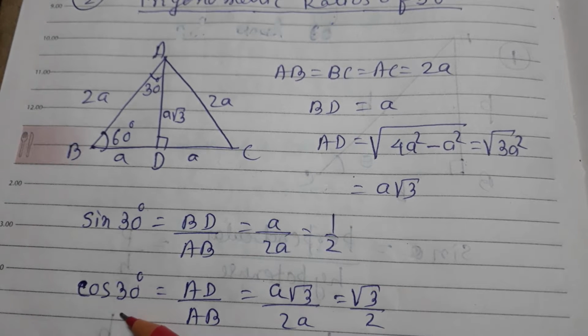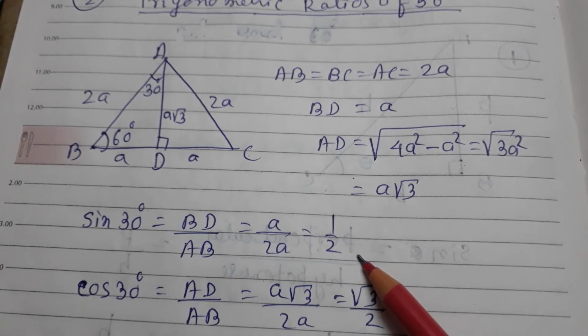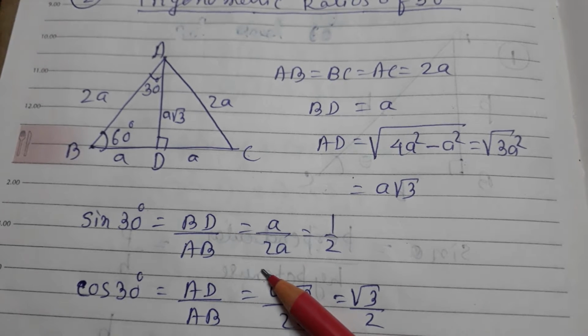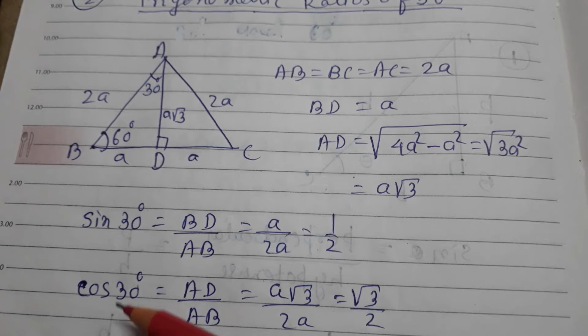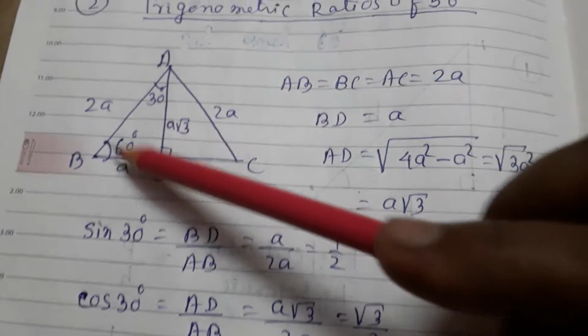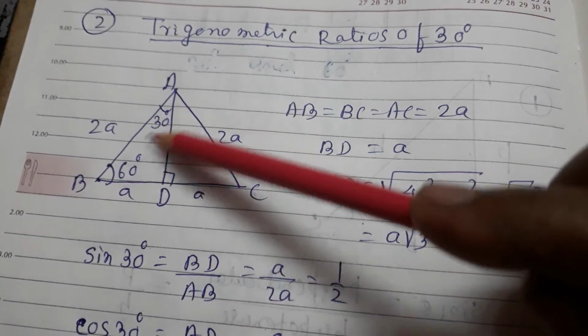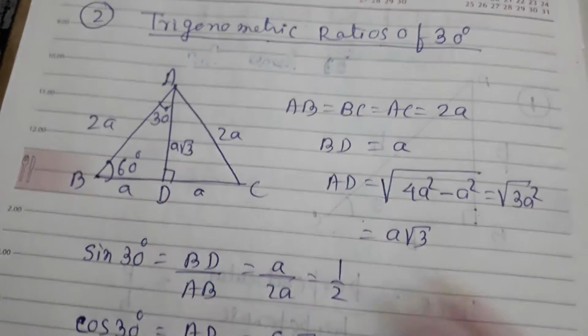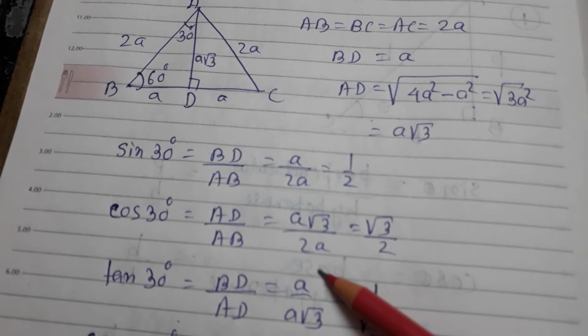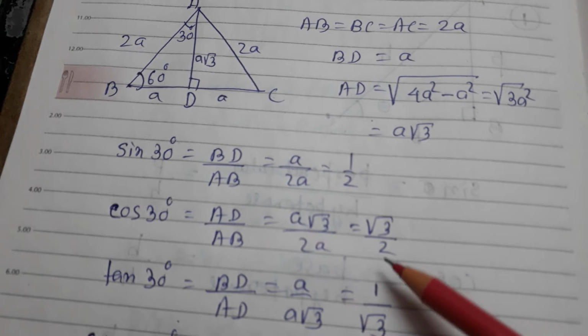Now cos 30. You have to remember these values, but how the formulas or values are derived, that I am going to describe. Now cos 30 equals B by H. Opposite side is P, so AD is the B. So AD by AB, that is A root 3 by 2A, A cancels, root 3 by 2.